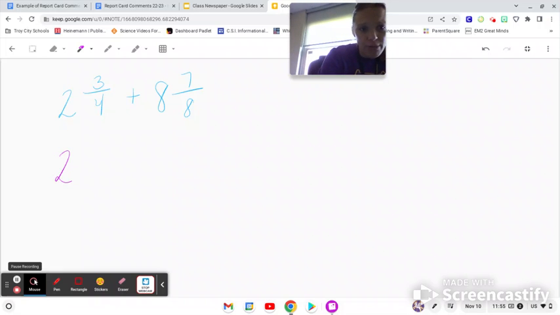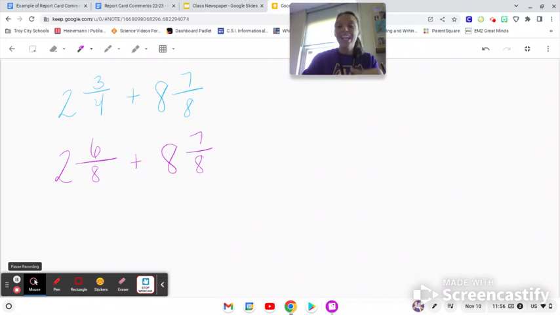We already named 3/4 as an equivalent fraction of 6/8, right? So this time when I add, I'm going to try to make life a little bit easier for me by taking my 8 7/8 and turning it into a nice even whole number with no fractions.